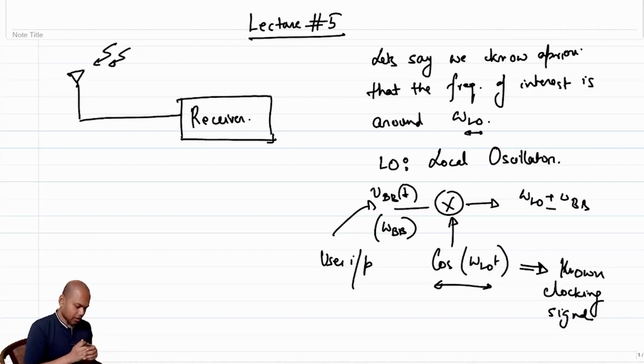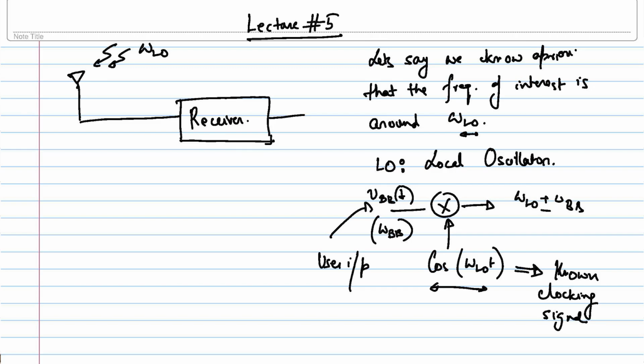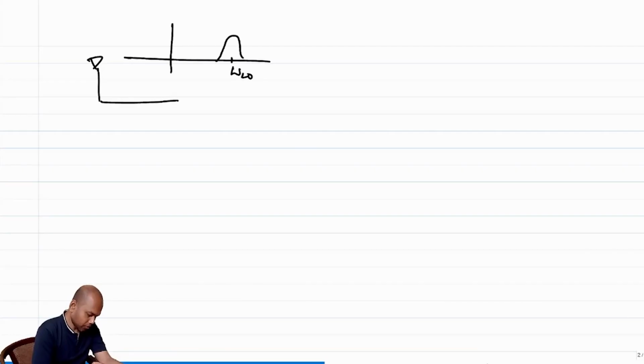Coming back to what we were discussing, we are expecting signals at the frequency of omega LO. If I now draw a spectrum at the input of the receiver, let me go to the next page. What am I expecting? I am expecting signals around omega LO.